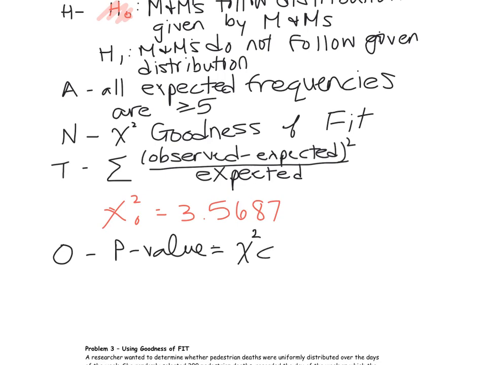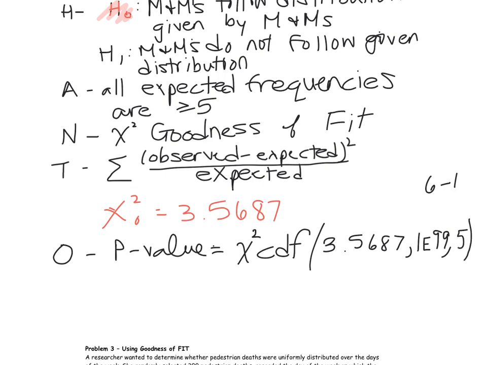Go to second distribution, chi-squared CDF. We're starting at our test statistic, going off to infinity. How many degrees of freedom do we have? Good, 6 categories minus 1. So it's 5 degrees of freedom.